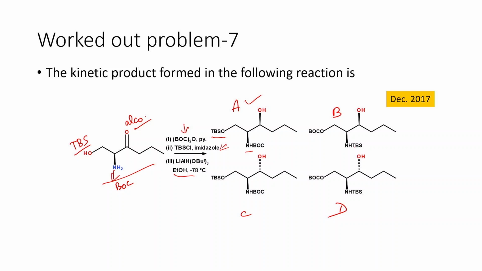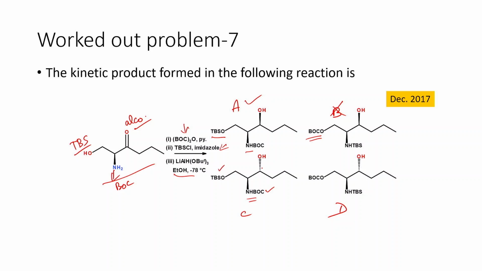If we go to B, the hydroxyl is also protected as a Boc group, but generally Boc anhydride does not protect that alcohol. So this is ruled out. This may not be the product. But if we come to C, the amino group is protected as Boc, so that is possible, and the hydroxy is protected as TBS, that is also possible.